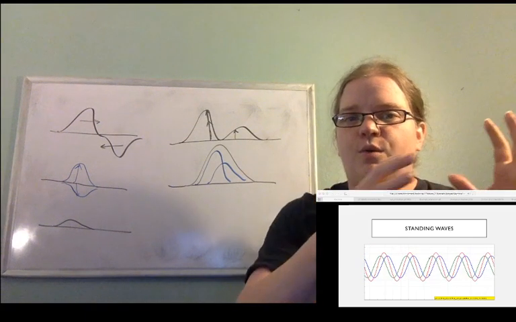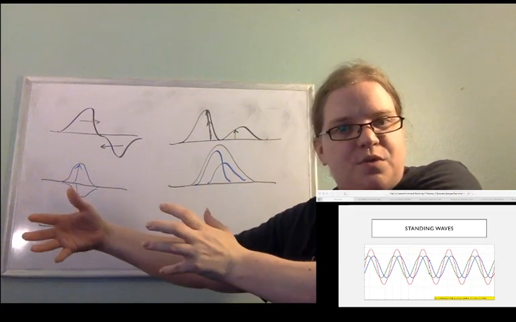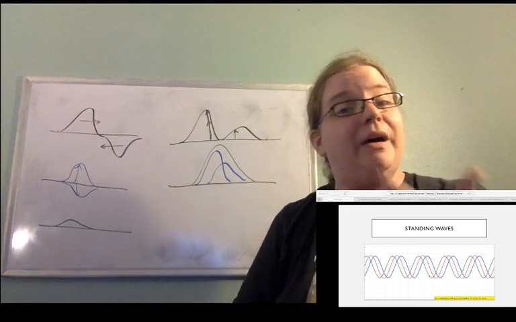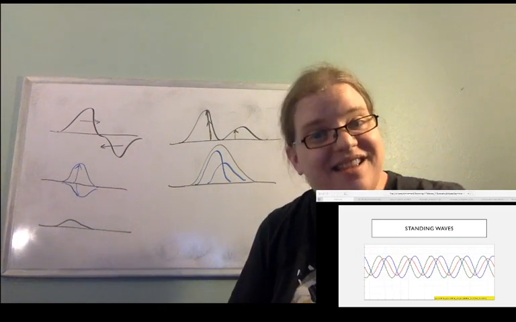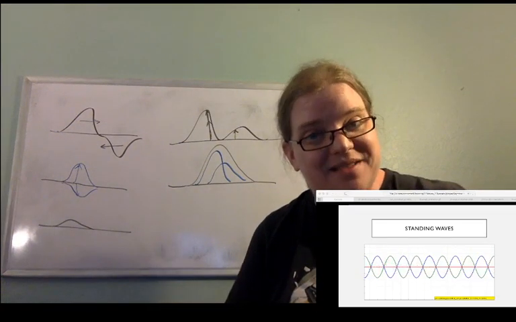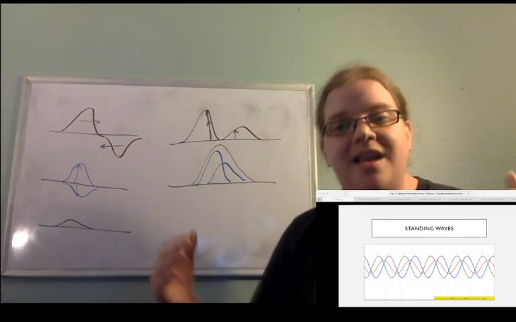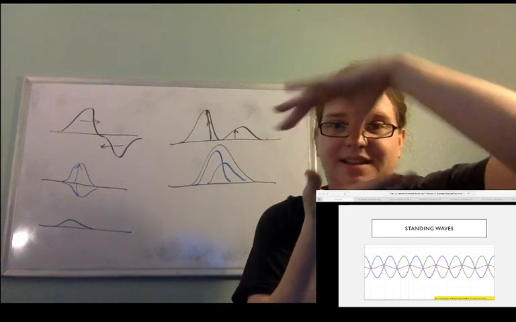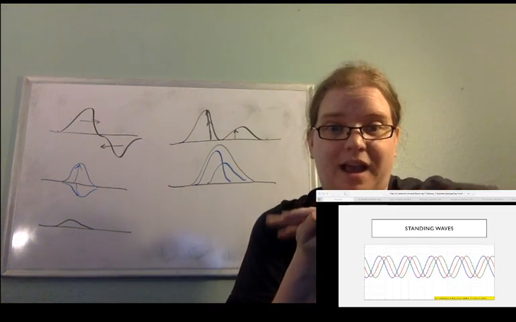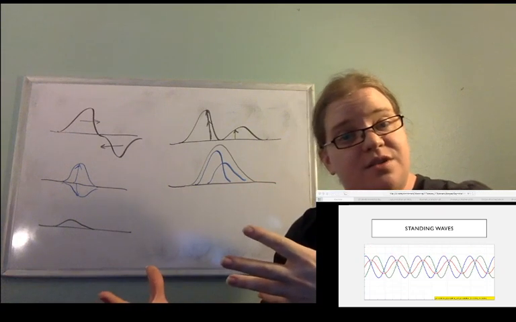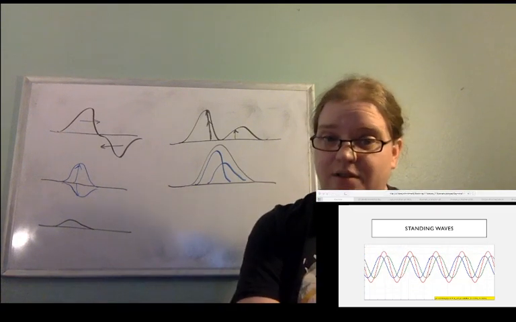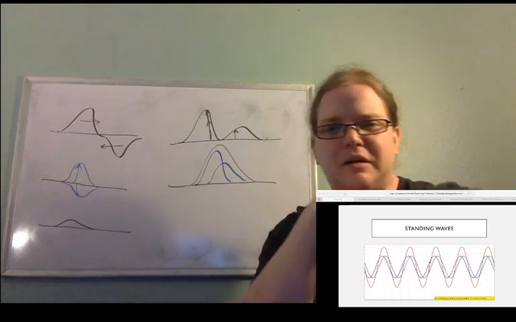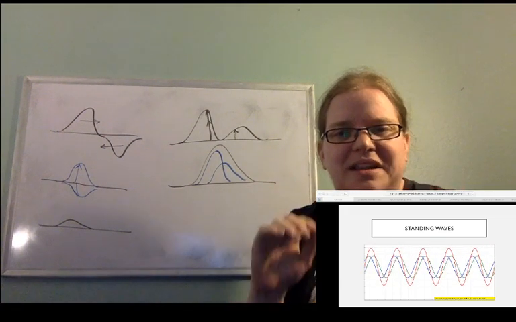Like there's no sense that that peak is moving, because it's not. The peak itself stays in place. But it's being created by two traveling waves. And all that's happening is that sometimes they overlap and they add, and sometimes they overlap like this and they cancel out. Okay? So we get moments of constructive interference and moments of destructive interference. And sometimes they kind of partially overlap and it's a little bit in between.